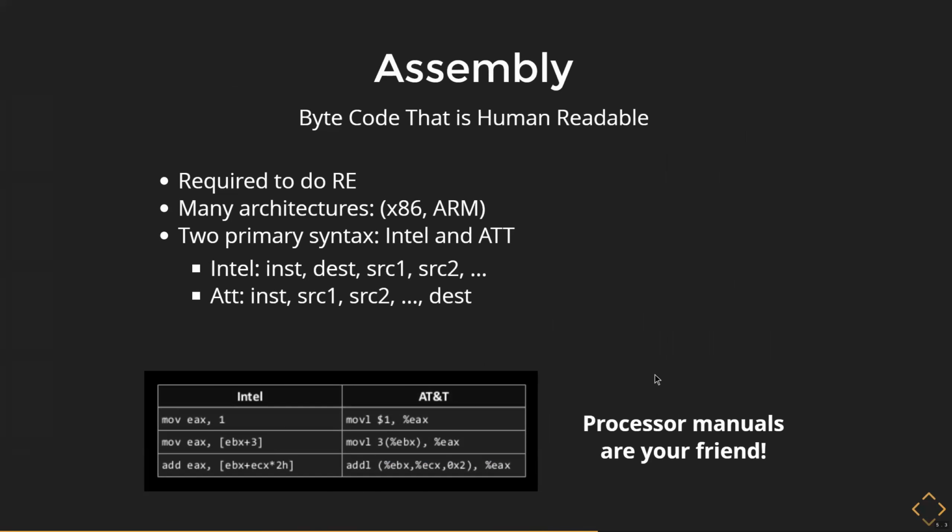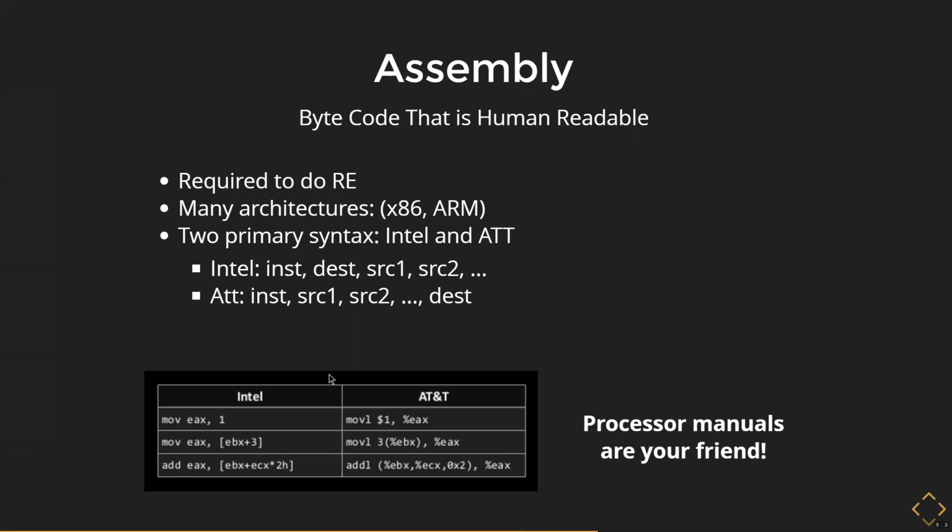For assembly, I highly recommend learning the x86 and ARM architecture. It's required to do a lot of reverse engineering. And there are two syntaxes that you need to pay attention to: Intel and AT&T syntax.